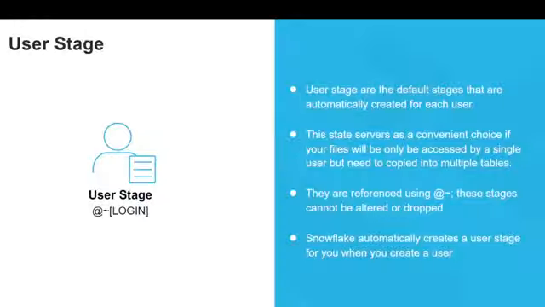The next one is the user stage. User stages are the default stages that are automatically created for each of the users. Whenever you create a new user in your Snowflake account, it will create a user stage for that particular user.